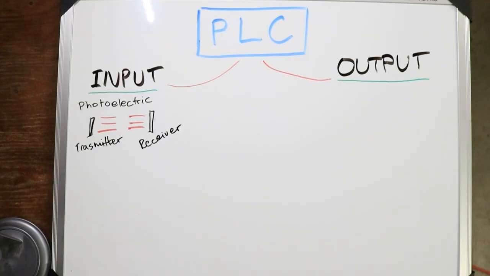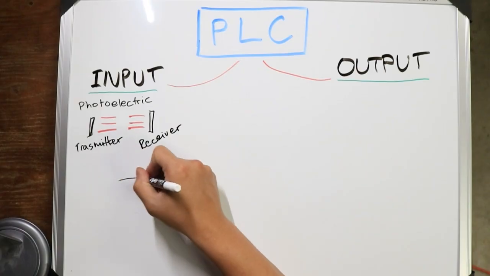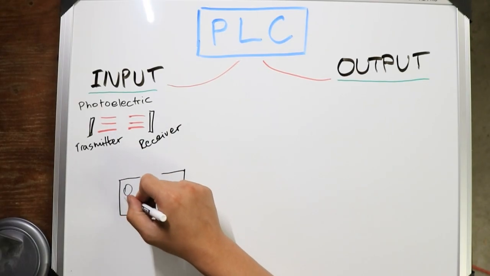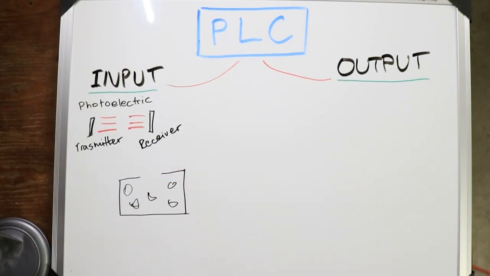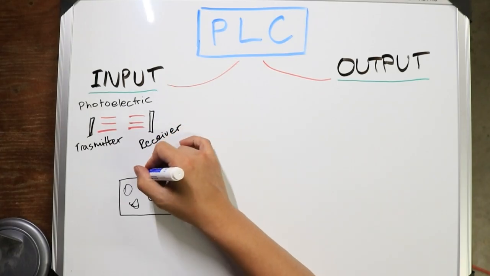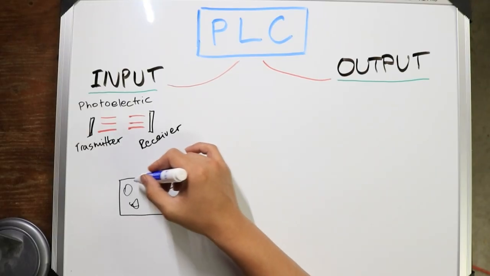For example, you have a space or a cell. Let's say you have a cell right here. All your equipment is here, equipment's here, equipment's here, and we'll put a photoelectric sensor, a through beam sensor, right at this space where the door is.